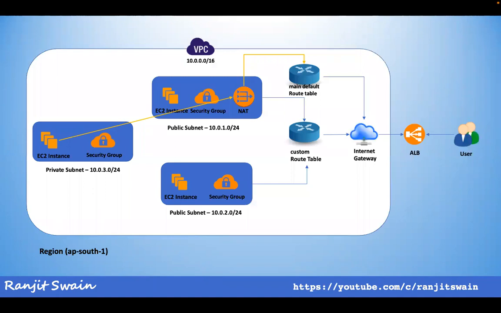So this is the entire diagram and the project we are going to do in this class. We are going to create our own VPC, and in this virtual private cloud, we are going to create a public subnet and a private subnet. We'll have the route table creation, the NAT gateway, the internet gateway, and we'll put the load balancer.